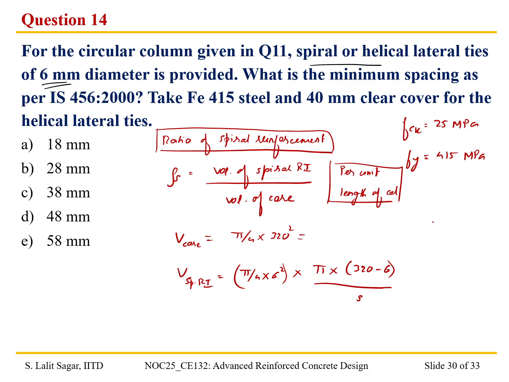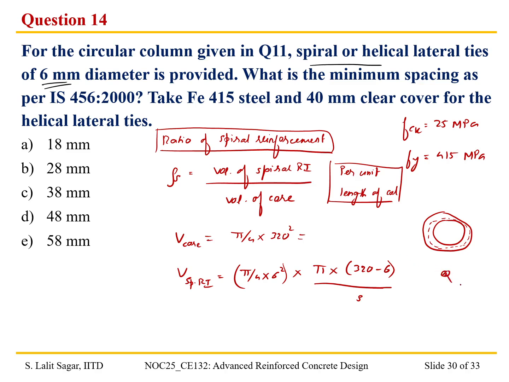So why is this peripheral length given? I'm going to just explain it to you. Here we are considering the dotted line distance. First we are going to consider the area of this stirrup.